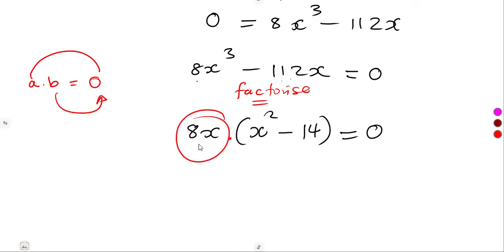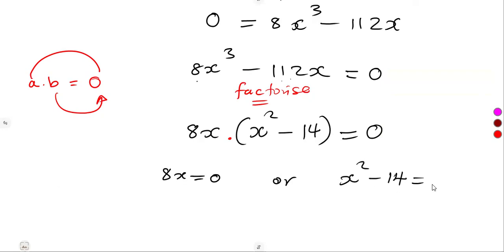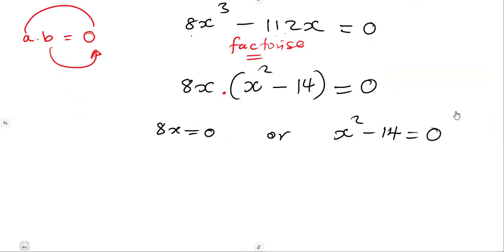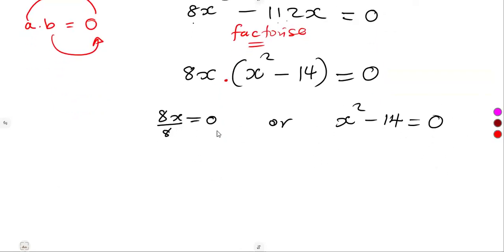So it is either 8x, it is equal to 0. Or we are going to have the bracket of x squared minus 14 being equal to 0. So that's it. Solve for x. All right, divide by 8 by 8.